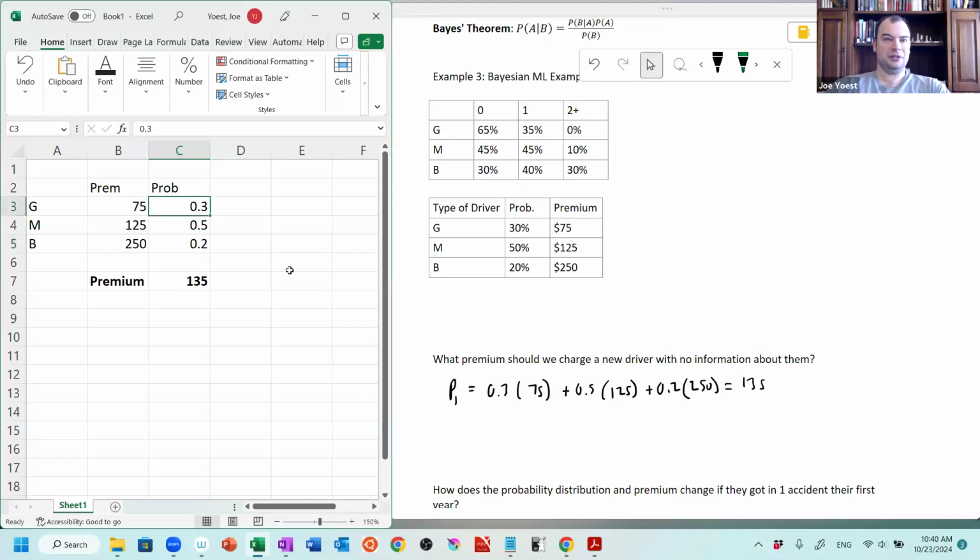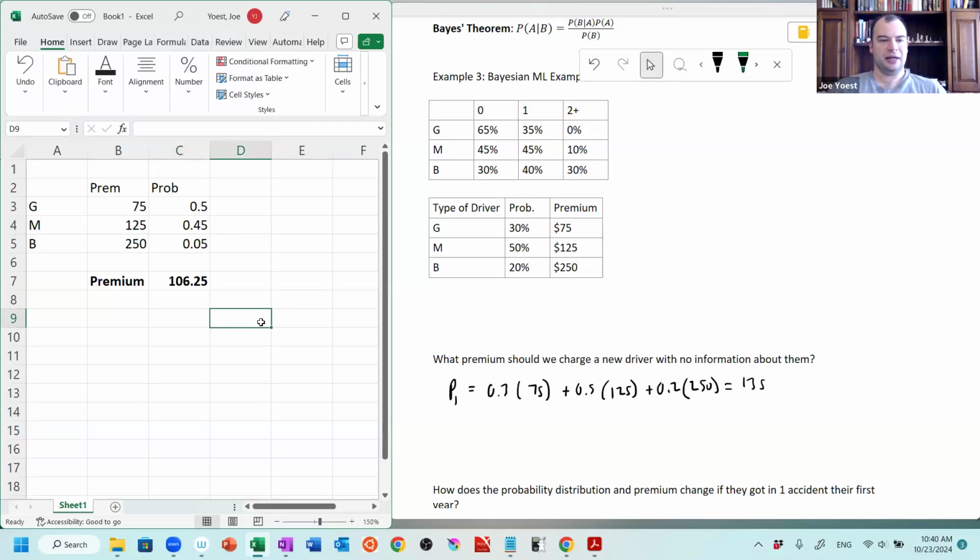So if my probability of being a good driver increases, if the insurance company, after watching my driving behavior for a couple of years, finds my probability of being a good driver goes up to 0.5 and my probability of being a moderate driver goes to 0.45, then I see that my premium has gone down, right? And I think this is something that we would want to happen.